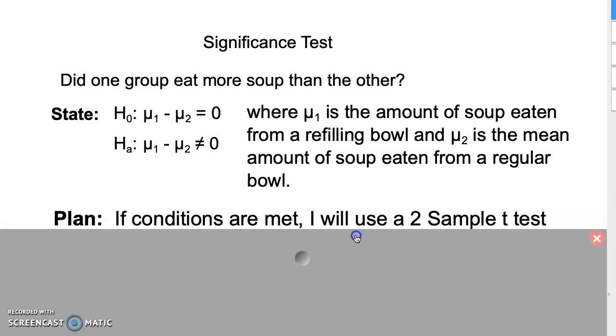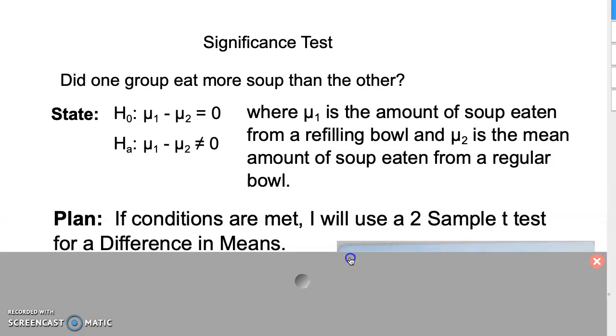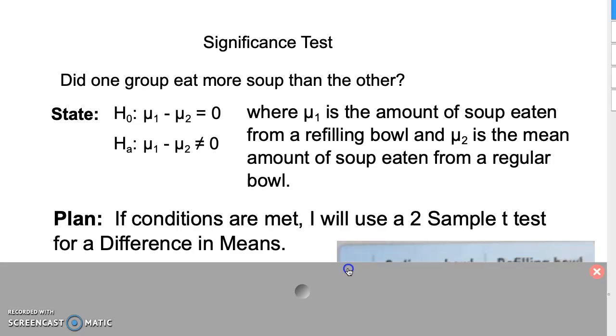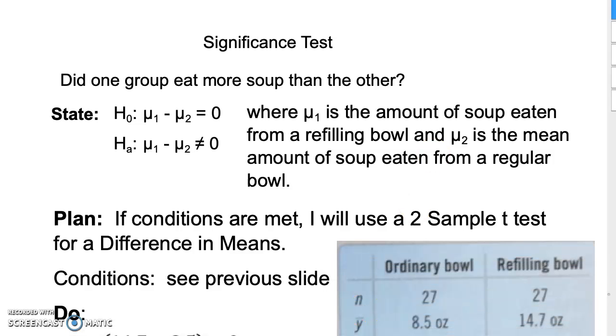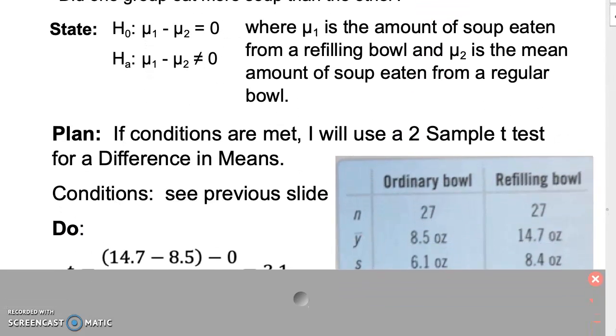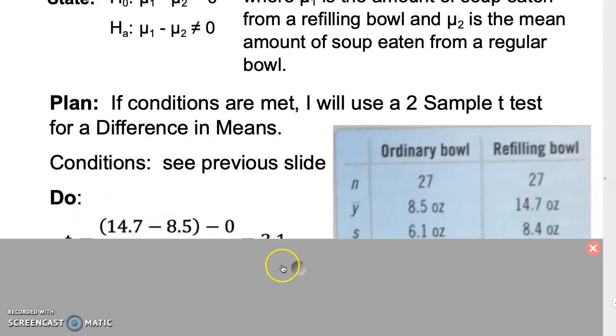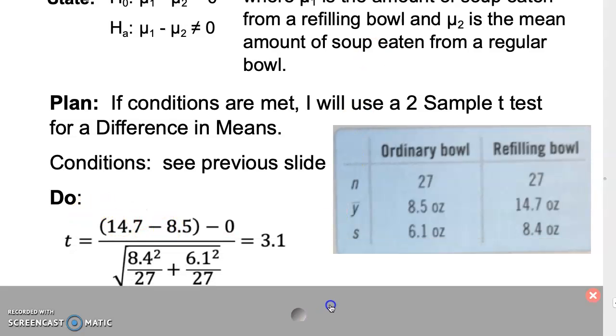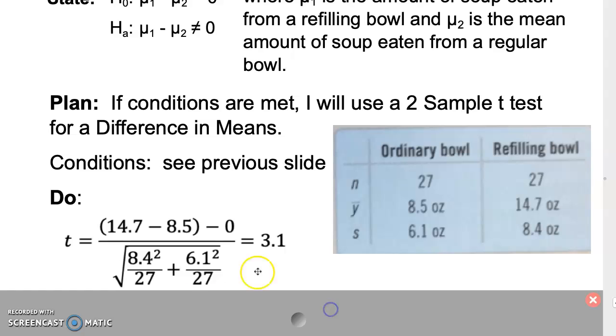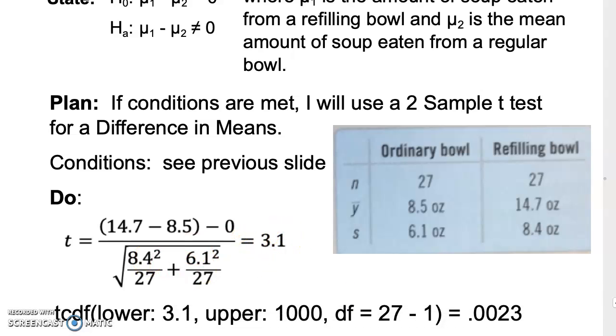There's a difference. If the conditions are met, we use a 2-sample t-test for a difference in means. We did the conditions previously, so we're not going to do them here. So for the do step, here's the formula. Plug in the numbers, and you get your t value. And then to calculate the probability, we do t CDF.